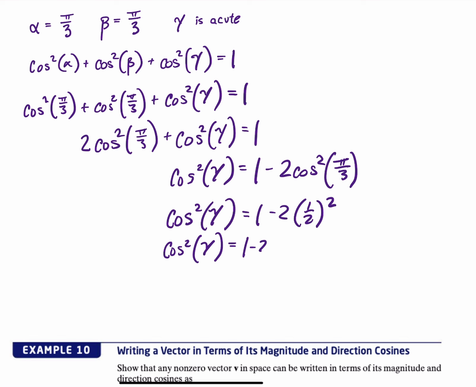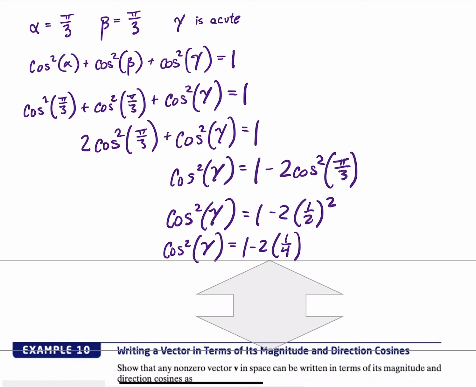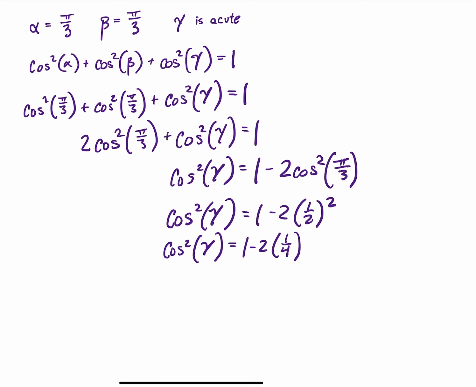So 1 minus 2 times 1 over 4, which is 1 minus 1/2, giving us 1/2.